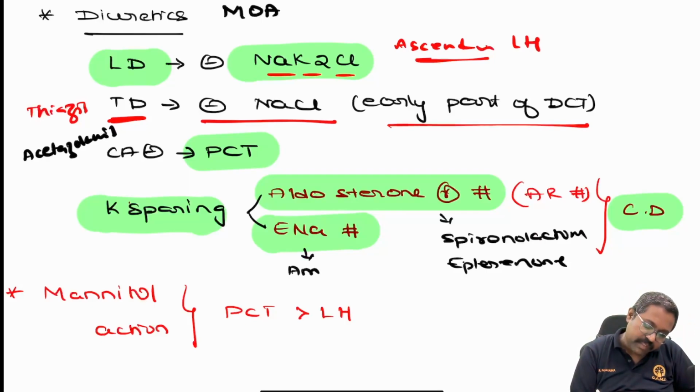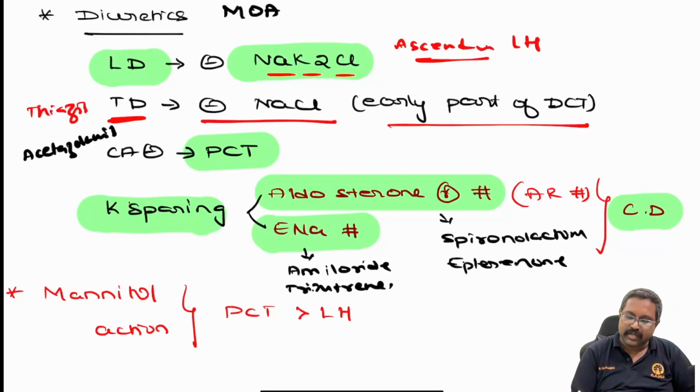Basically you have amiloride and triamterene. Spironolactone is associated with gynecomastia, which is not seen with eplerenone.